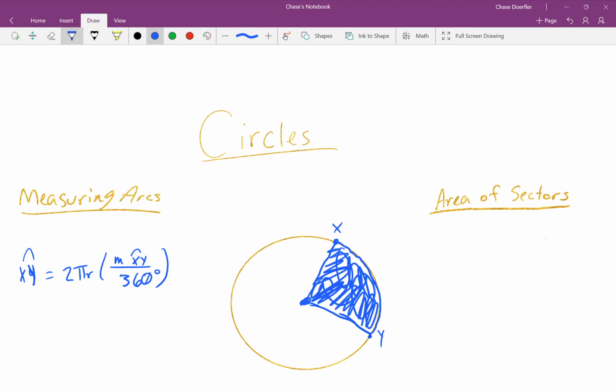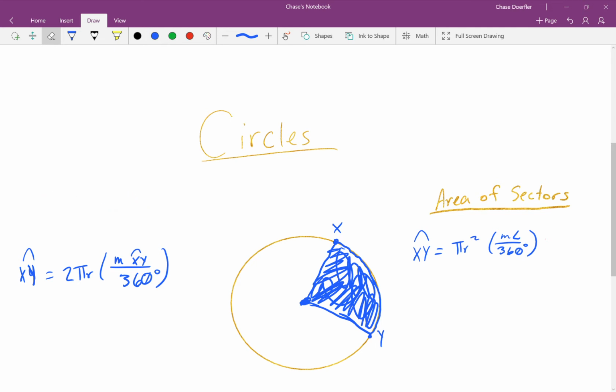And the formula for this would be the area of xy is equal to pi r squared, because it's dealing with a section of the circle, times the measure of the central angle over 360 degrees. And that would basically be how you find sectors and how you measure arcs.